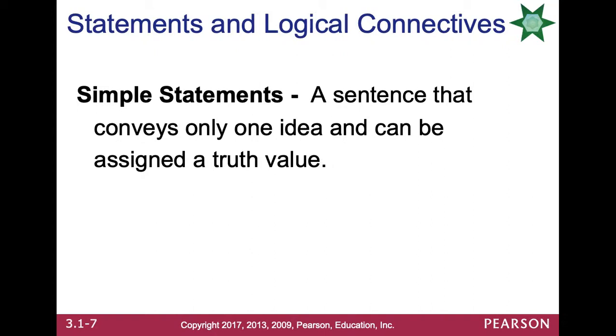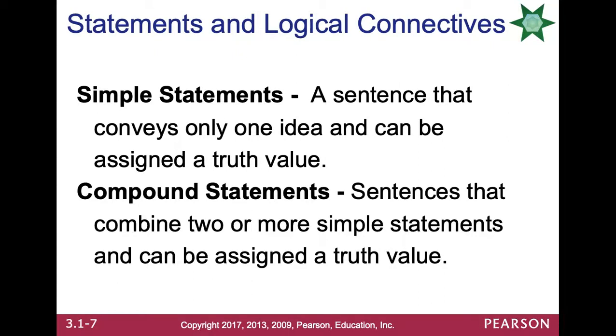So now there are two types of statements. A simple statement is a sentence that contains only one idea, but there's another type called the compound statement, and that is sentences that combine two or more simple statements. So a simple statement is a single idea, but a compound statement is going to be one or more ideas that are actually connected by a quantifier.